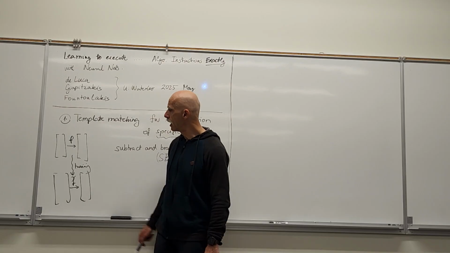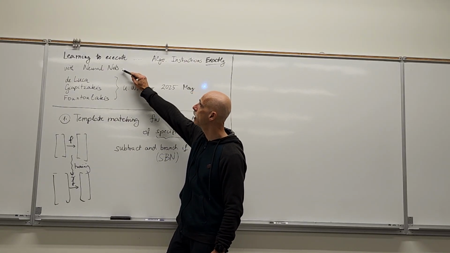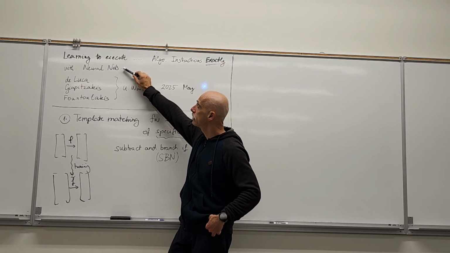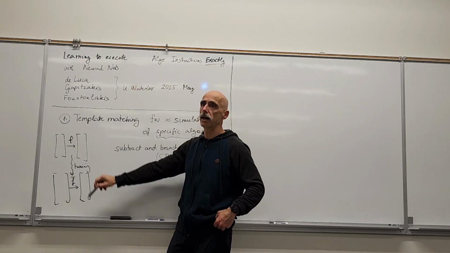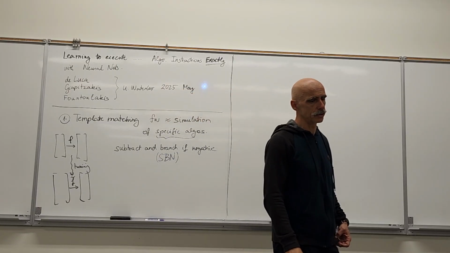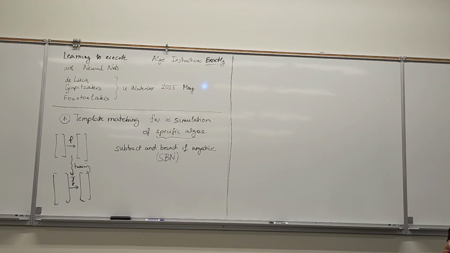Okay, so at a high level, this is how it works, and what's kind of unique in this approach is that the neural nets are going to do more of the computation than in some other approaches. But it's also, I don't know, you will see, it's kind of weird.